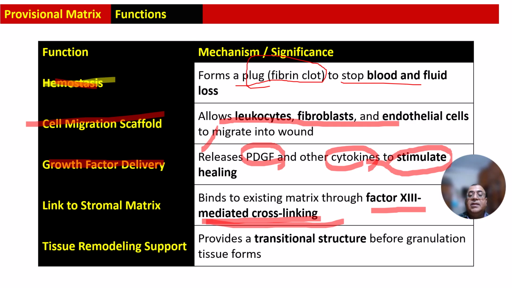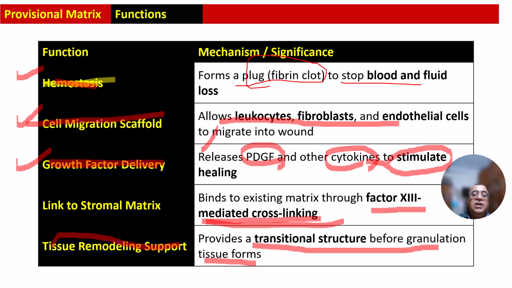Then they provide a transitional structure before the granulation tissue forms, so they are important in tissue remodeling. So the functions of this provisional matrix are hemostasis, cell migration, growth factor delivery, stabilization of the clot and link to the stromal matrix, and tissue remodeling and support.